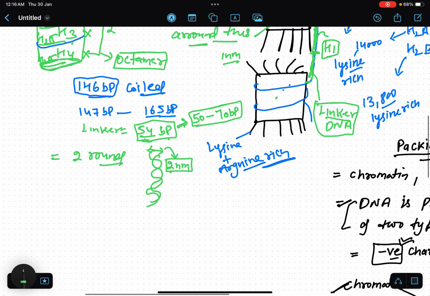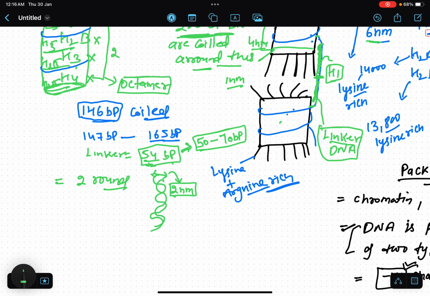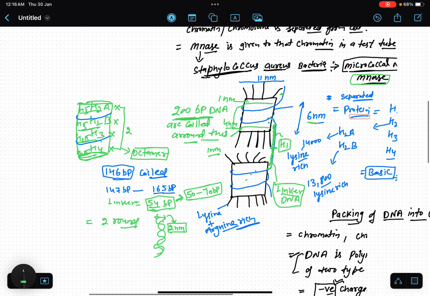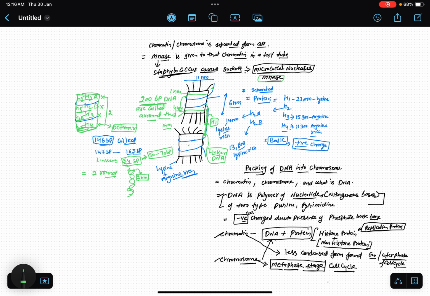So this repetition, this coiling of DNA on this octamer is known as 11 nanometer fiber.